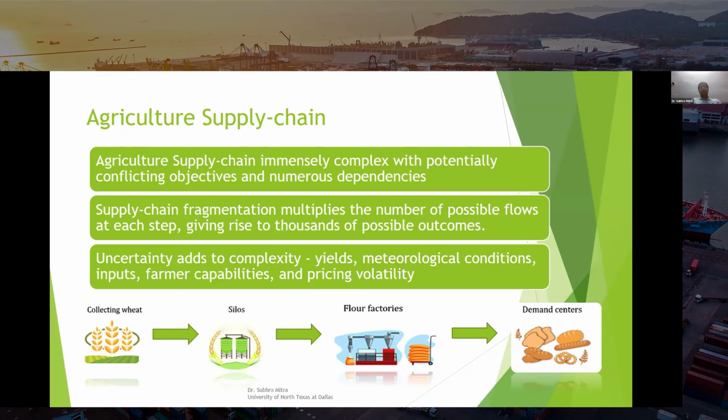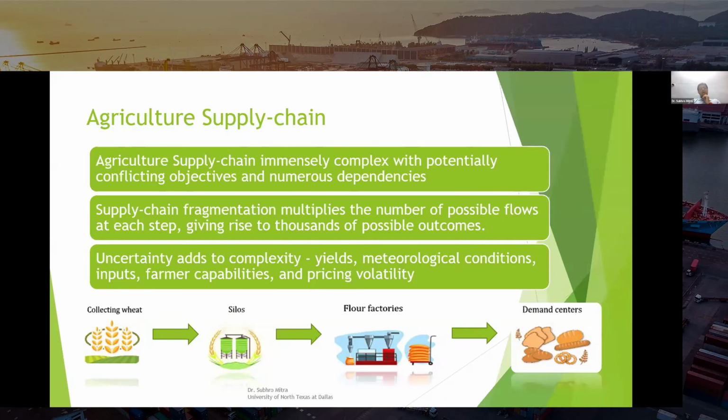It depends on supply and demand, and it changes a lot. So in brief, this agricultural supply chain is very different, and specific knowledge is required to develop a true depiction of it.